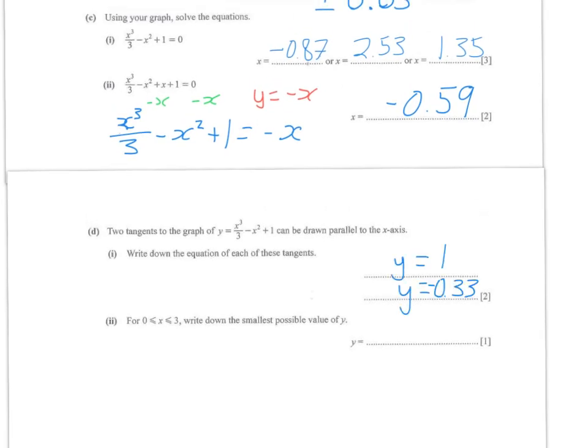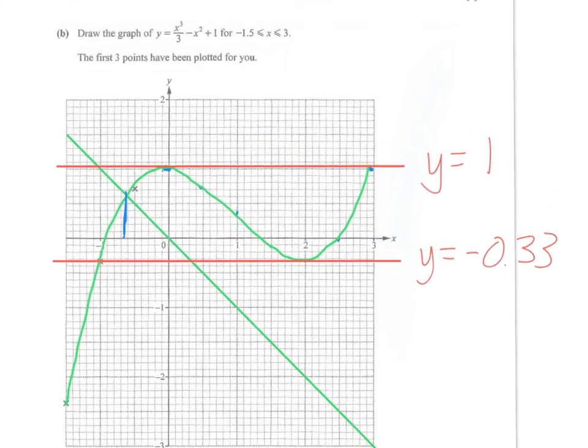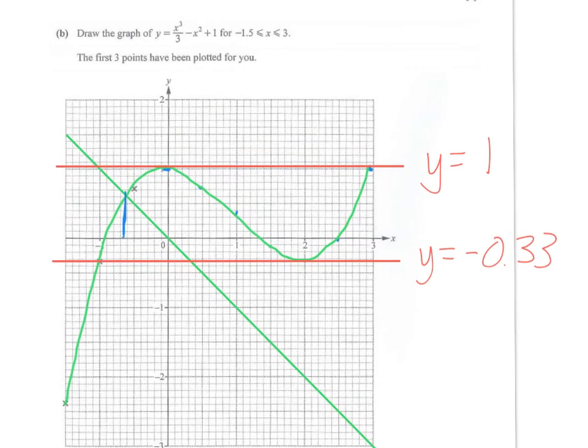Final part of this lengthy question asks us to find the smallest possible value of y when x is between 0 and 3. So we're going to have to look at our graph. So x is between 0 and 3. That means we're exclusively looking at this part of the graph.